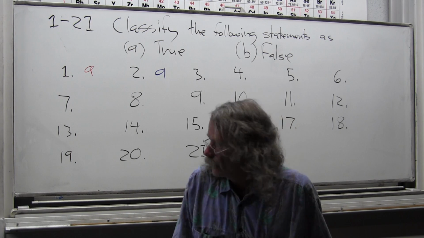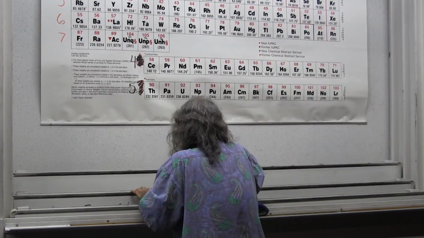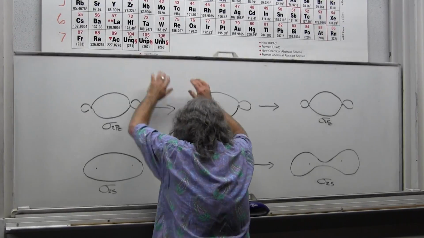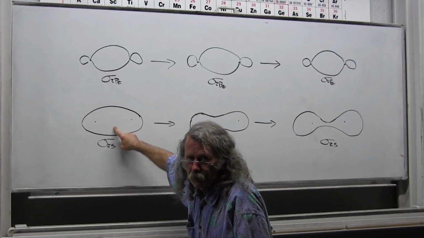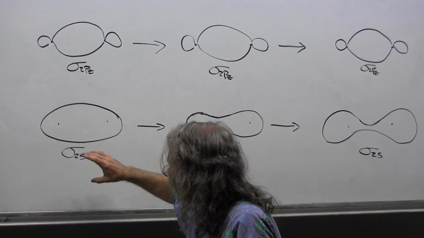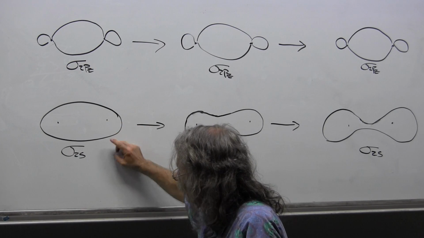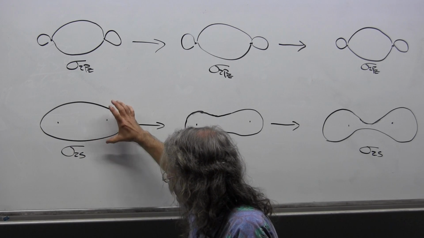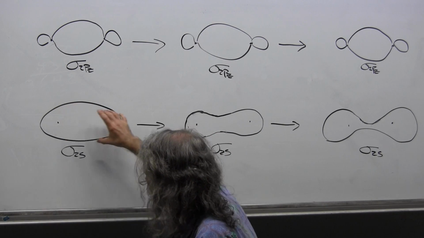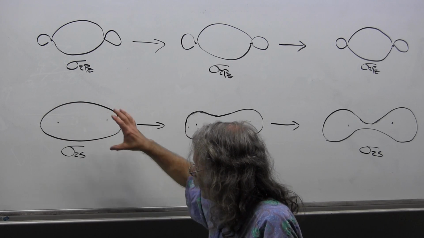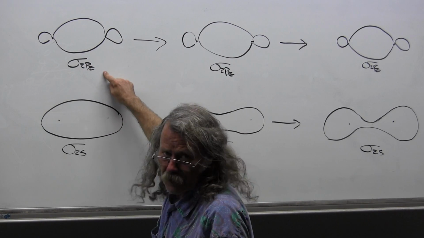It is that interaction, and this is depicted here. Here's the sigma 2s bond. It's a sigma bond because there's electron density that lies along the axis connecting the atoms, and it's a 2s because it's constructed out of the parent 2s atomic orbitals. So it is mostly ellipsoidal in shape, and this is the sigma 2pz.